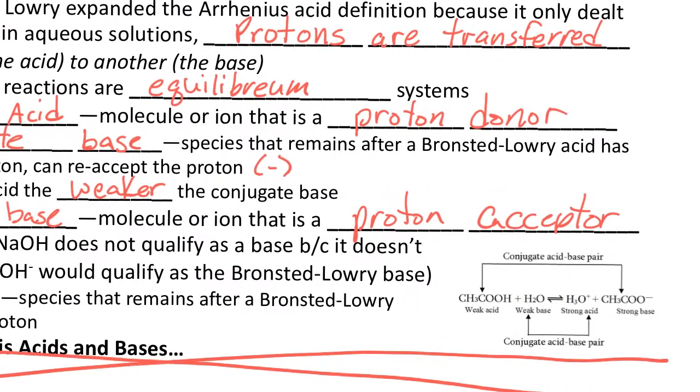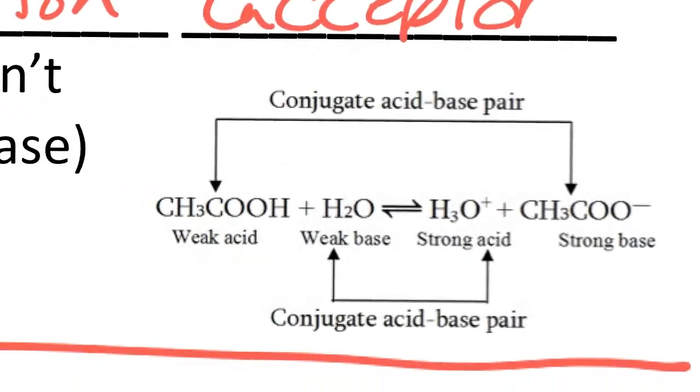So looking at our little example here, here's an acid, and here's its conjugate base. You can see the difference between these when we're comparing them is this hydrogen, which we can say is the same as a proton. The hydrogen is present in our acid, and it's absent in our base.